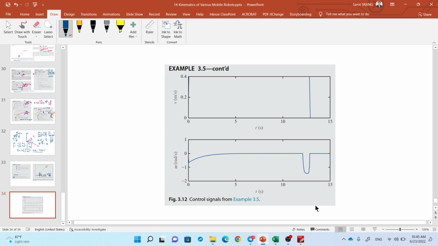Here, let's see the performance of this control algorithm. We can see the velocity. The velocity can increase by a certain acceleration to the maximum while it is still approaching the tangent point on the circle, right?